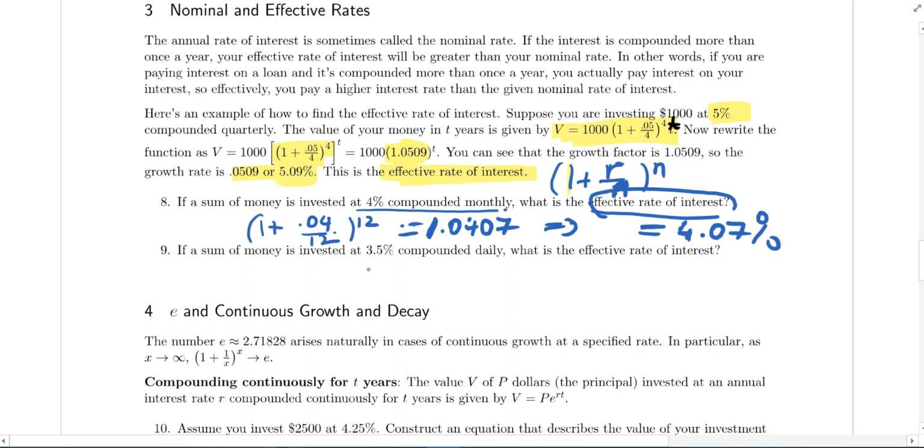If a sum of money is invested at 3.5% compounded daily, this will be the effective rate of interest. 1 plus the rate is 0.035 divided by 365. Daily means n is 365, to the power 365.